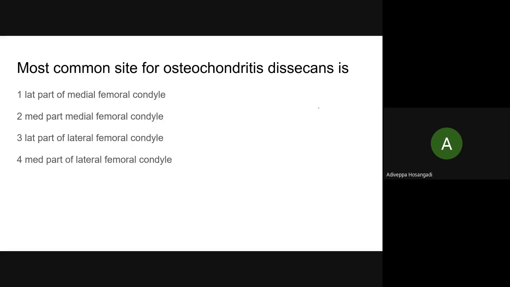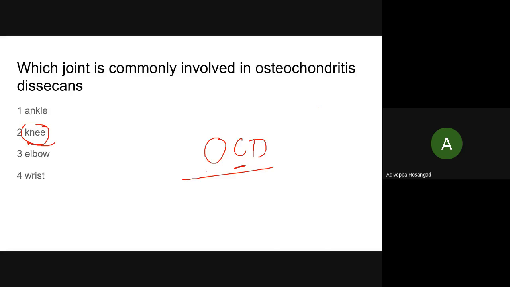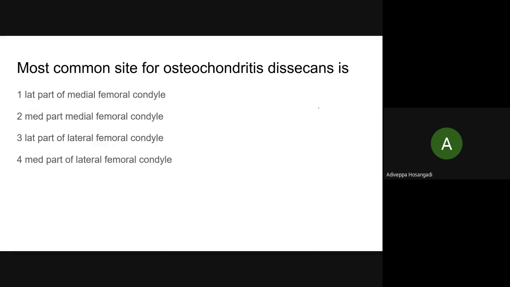Now we'll come to this question. The most common site for osteochondritis dissecans is the knee joint. Which part? Remember this diagram, then you will answer this question. First one, sir. Very good. Lateral part of the medial femoral condyle.